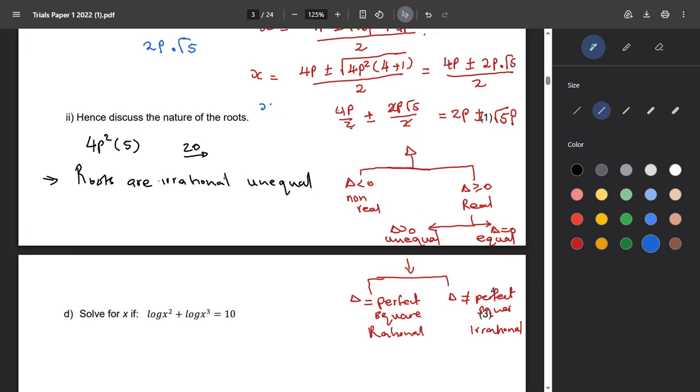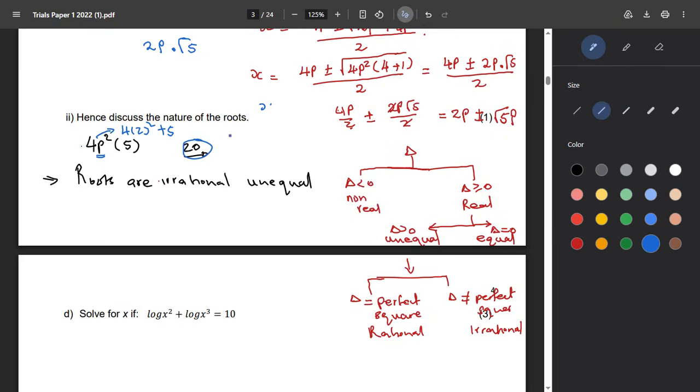So you first look at this 20. You can choose any number. If we choose 2, that will be 4 into 2 squared plus 5. That is 4 times 4, which is 16, plus 5, that's 20.